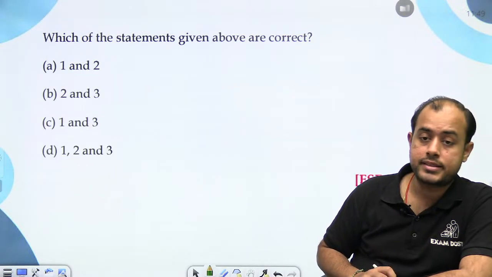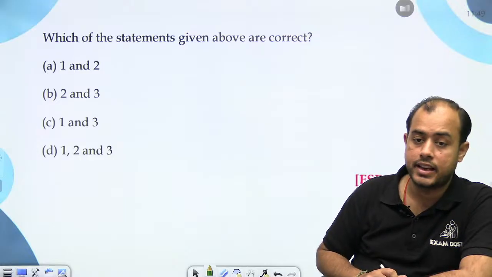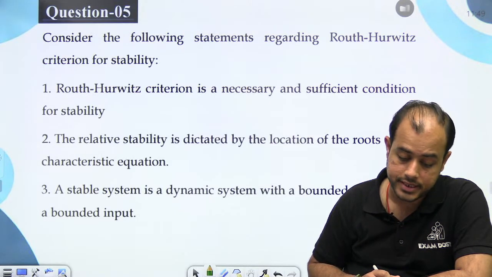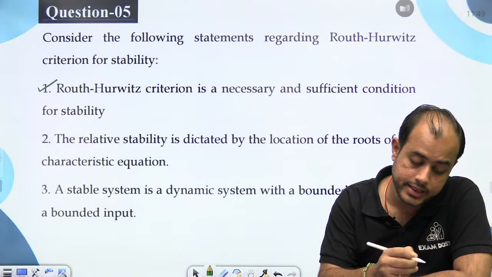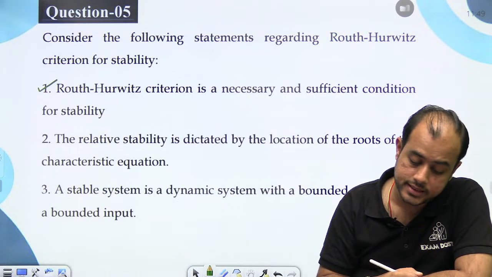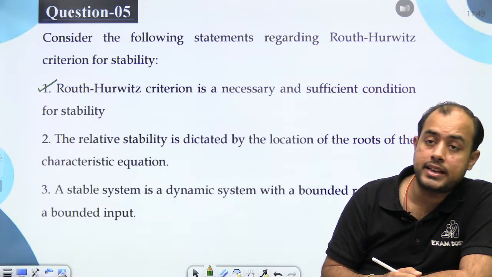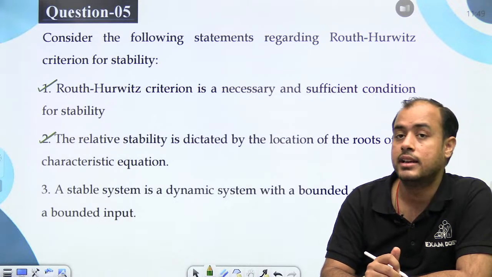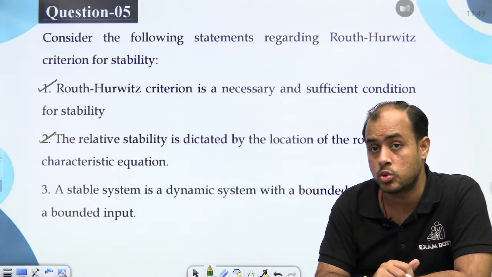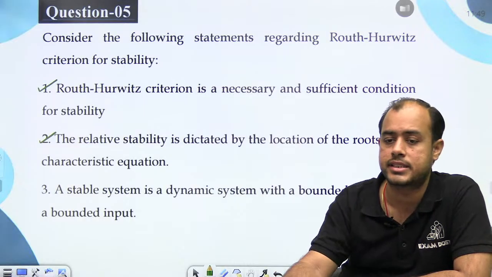Consider the following statement, ESE 2007, regarding Routh-Hurwitz criteria. Necessary and sufficient condition, yes. Relative stability can be decided by location of roots. Roots origin से जितना दूर होते हैं उतना ज्यादा सिस्टम स्टेबल है.